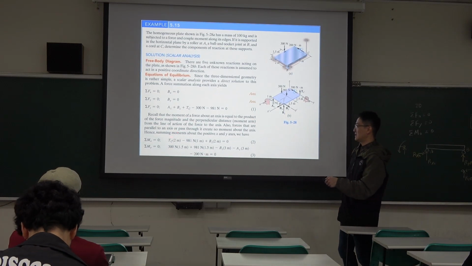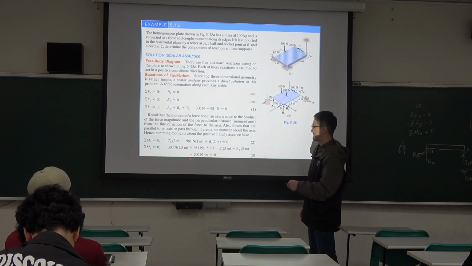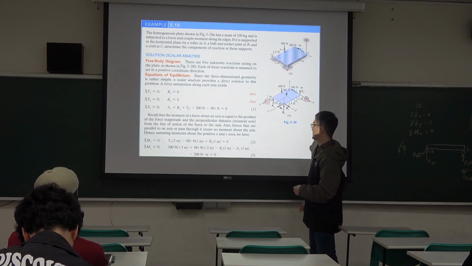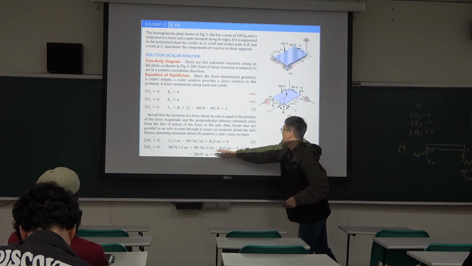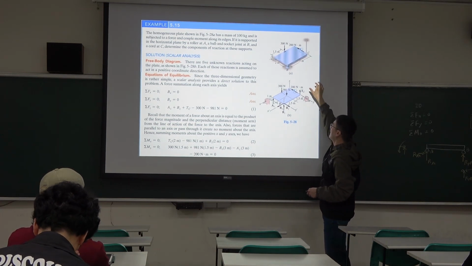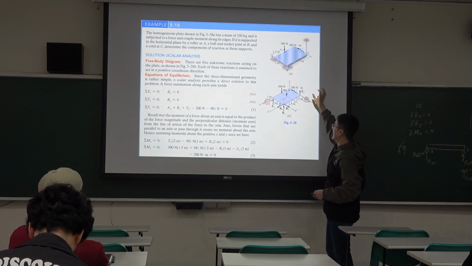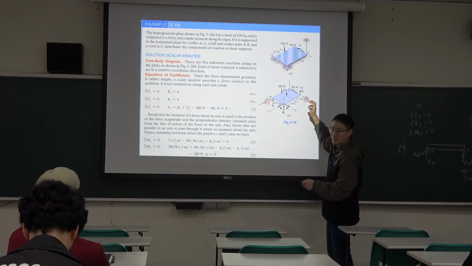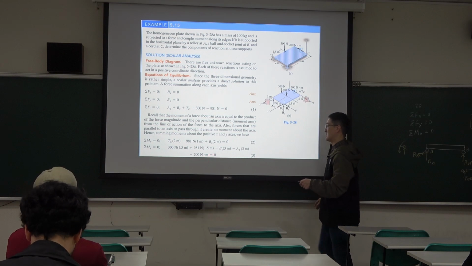So we have two equilibrium equations and, sorry, I forgot to mention this. So for the y-axis, the bending moment, the couple moment this way is negative, so minus 200 here.